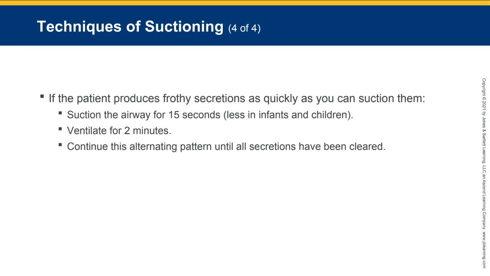If the patient produces frothy secretions as quickly as you can suction them, suction the airway for 15 seconds, less in infants and children, then ventilate for 2 minutes. Continue this alternating pattern until all secretions have been cleared.